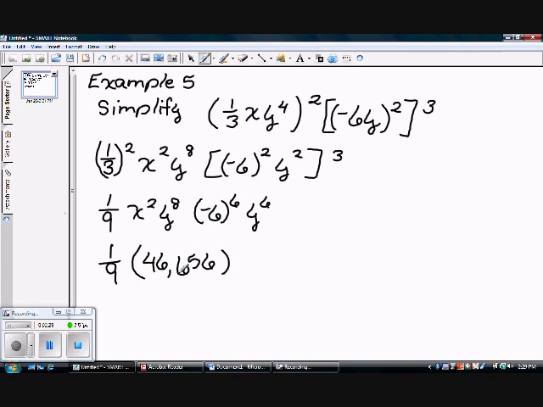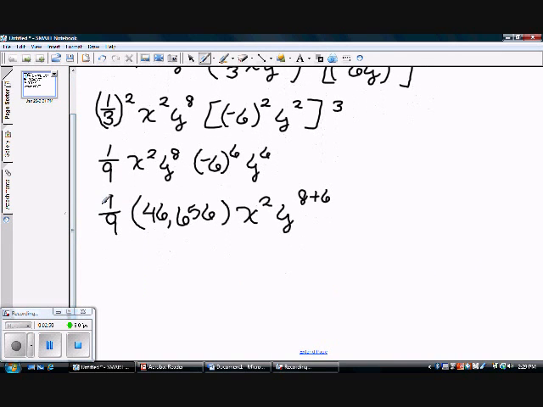Okay, that was negative 6 to the 6th power. Notice it's positive. Now, I would have x to the 2nd, and then y, same base, I can add the exponents. So that's going to be 8 plus 6 power.